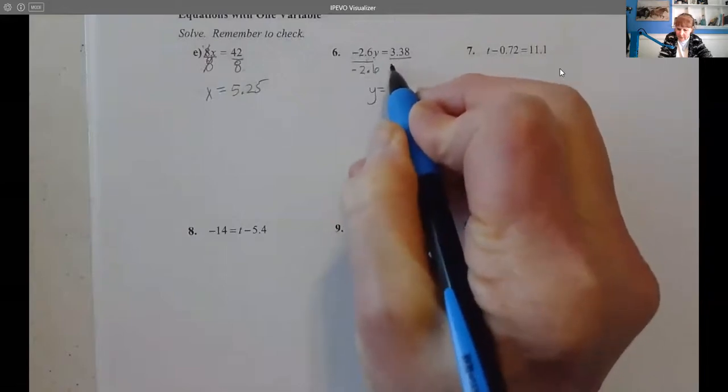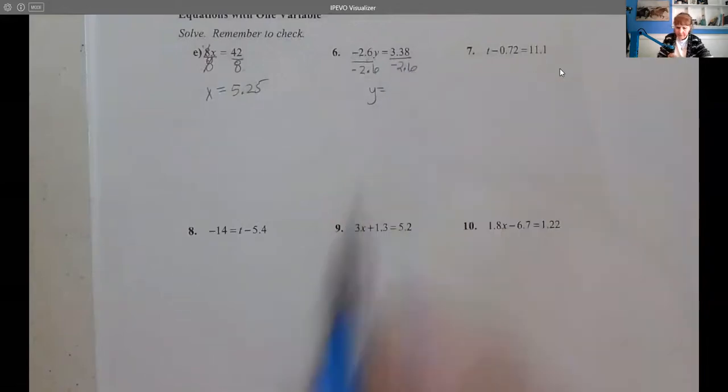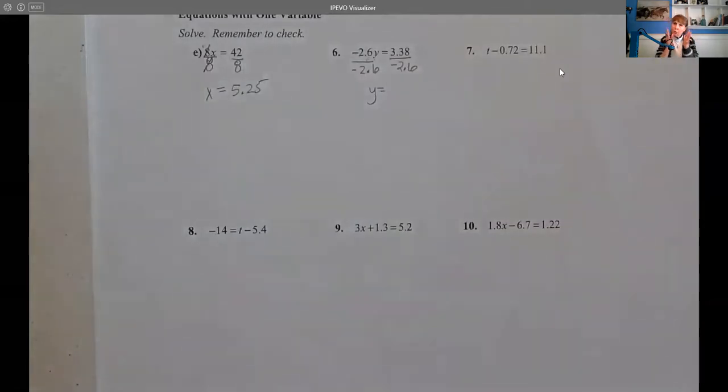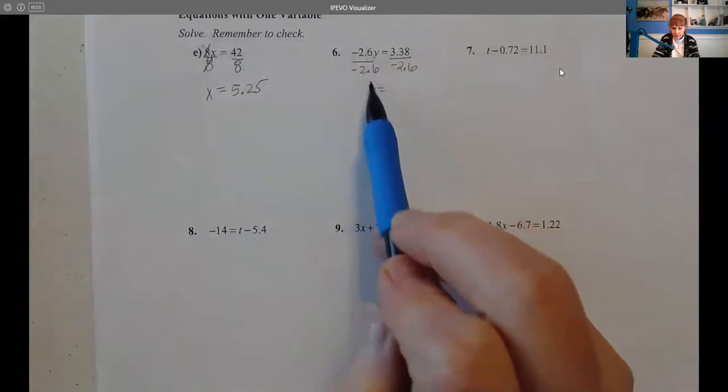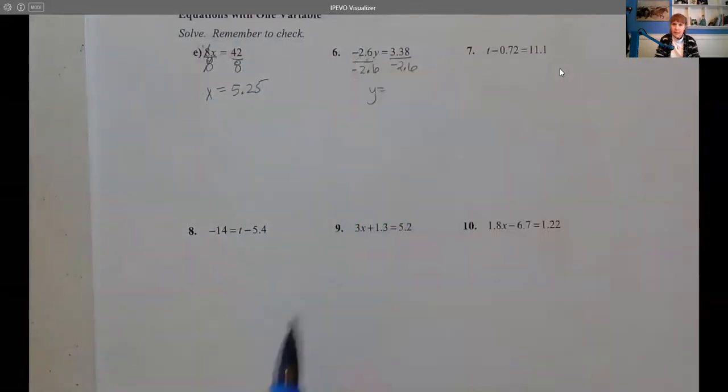Whatever you do to one side, you do to the other side. So now you would take 3.38 divided by a negative 2.6. When you're dividing to get rid of a number here, the sign stays the same.